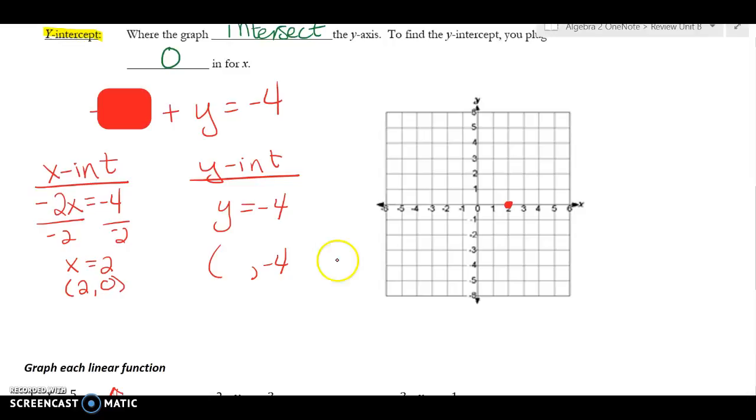So that tells me the y coordinate is -4, and I didn't want the x, so it's 0. So by physically covering them up, that helps me graph the points, and then I just have to connect my dots. So again, to find the x-intercept, you're going to cover up the y. To find the y-intercept, you're going to cover up the x.